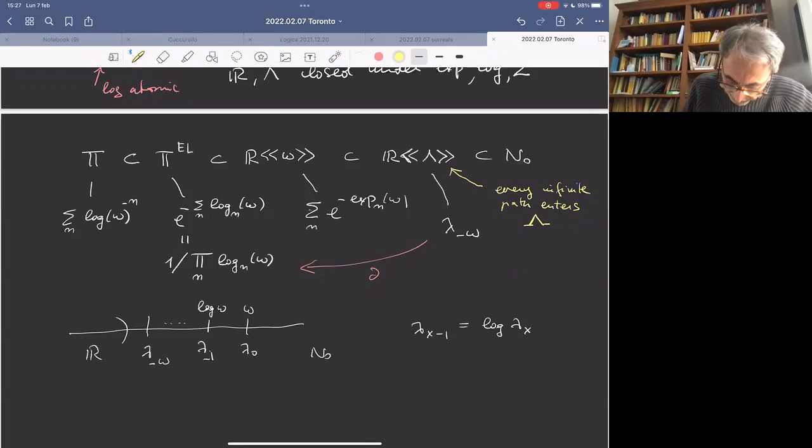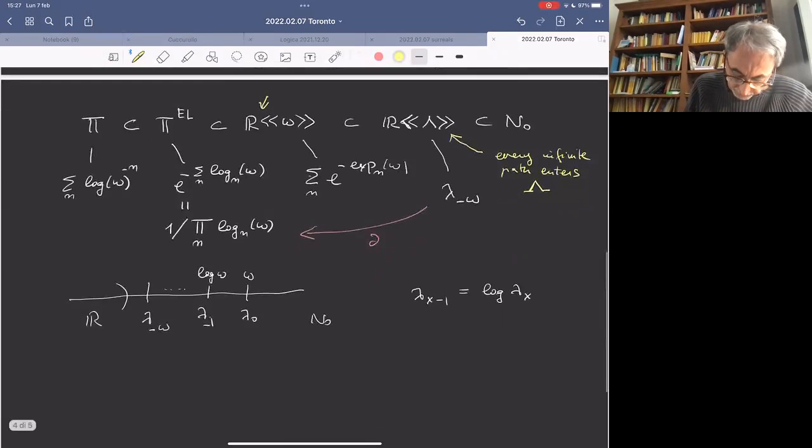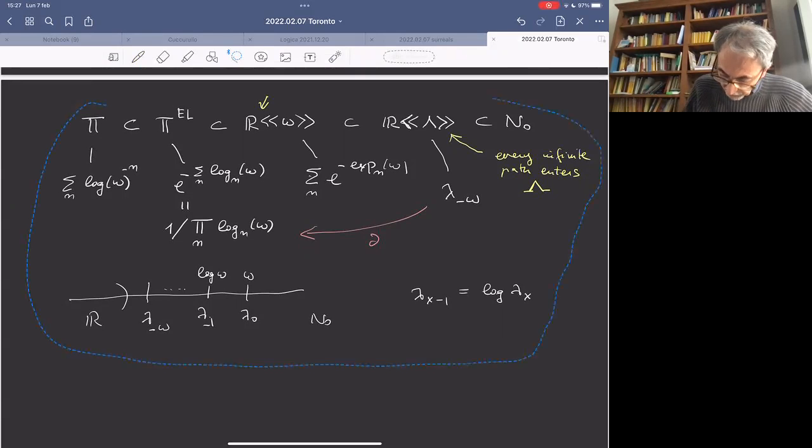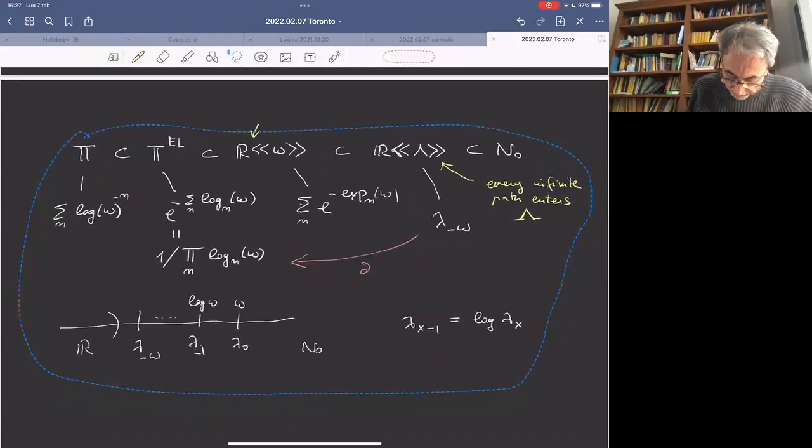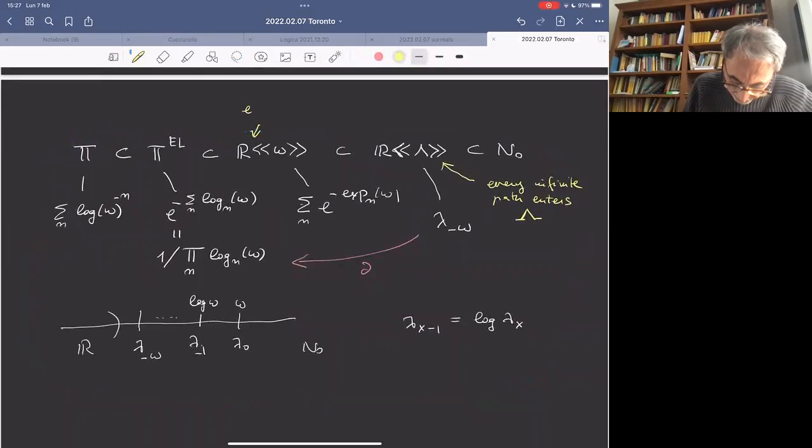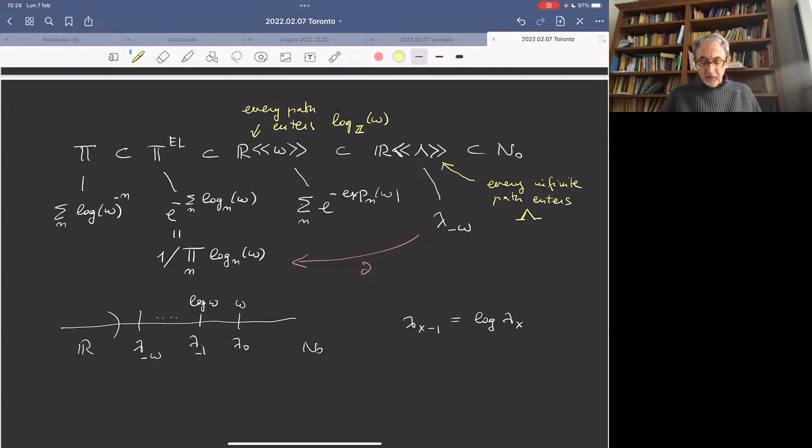Instead, the bracket of omega can be characterized as the class of surreal numbers such that, maybe let me make some more space here, every path enters some log of omega, some iterated log of omega.